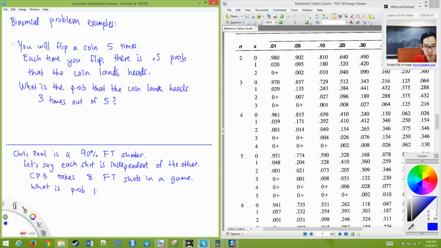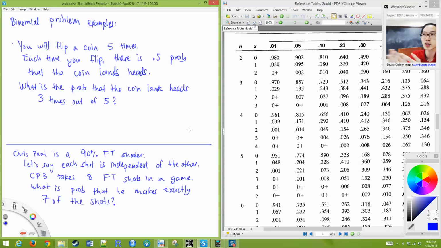So in this case, n is 5. This is how many times we are repeating it. X is how many successes we want. So what is that? 3. And p is the probability of a success for one trial. And so here we have p equal to 0.5. So if I look this up, 5, 3, and I go to 0.5, the answer here is 0.312 using the table.